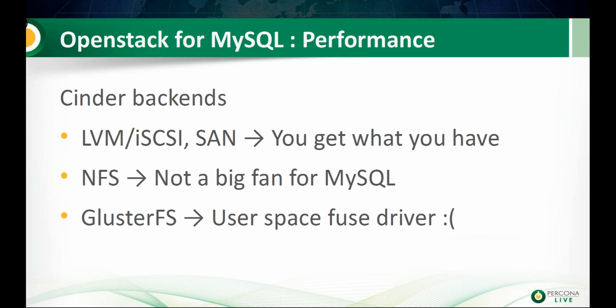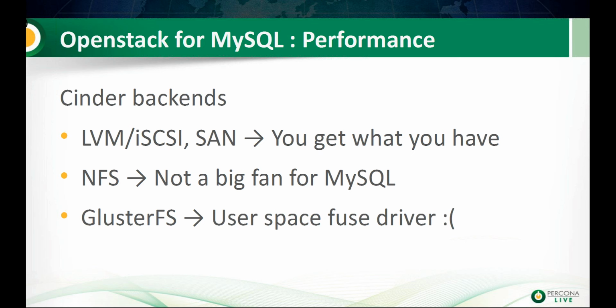GlusterFS is another solution, but up to now it's only available as a user space FUSE driver, which limits performance. You can also use an NFS backend, but again, we're hitting the same problems as before.